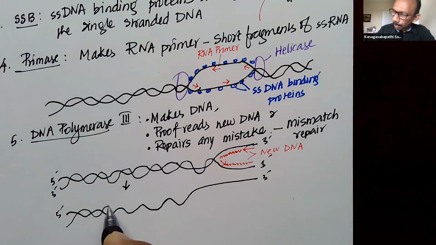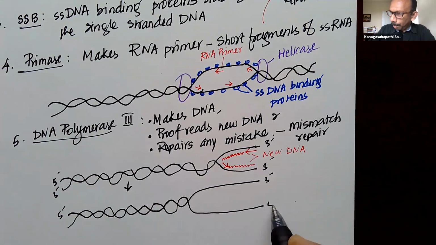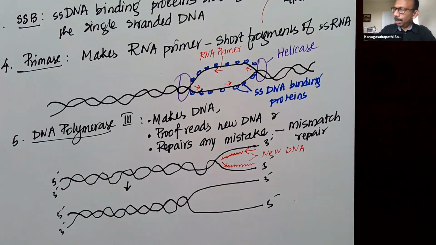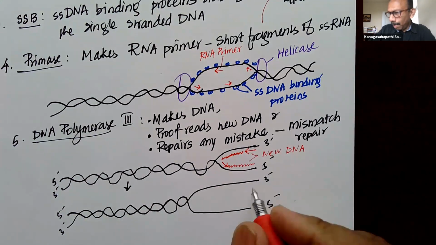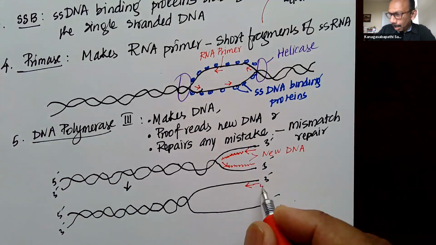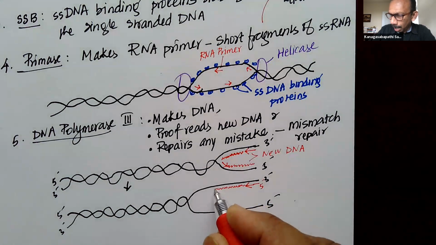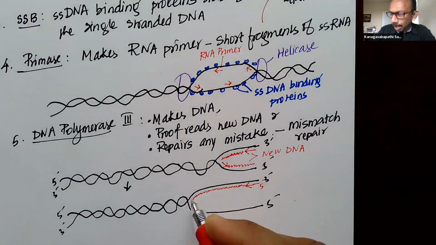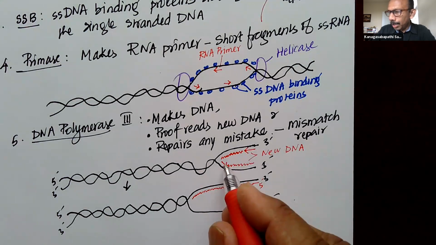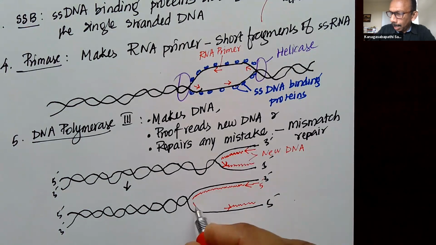The opposite strand goes 5 prime to 3 prime in this direction, and the new DNA has to be made 5 prime to 3 prime, but it's binding complementarily to the other DNA. So this strand kind of continues, whereas whatever started at the bottom has to start with another RNA primer here, and that is what is happening here.